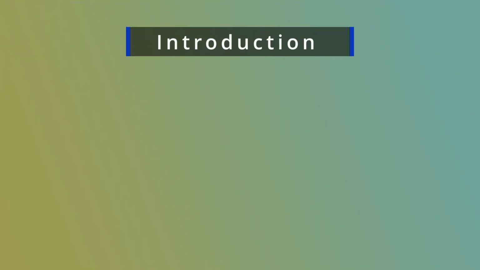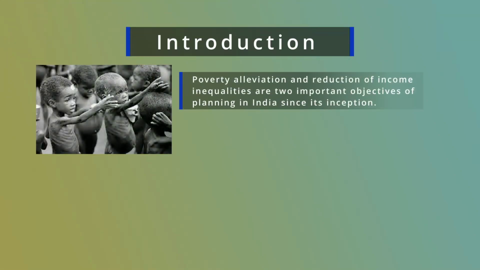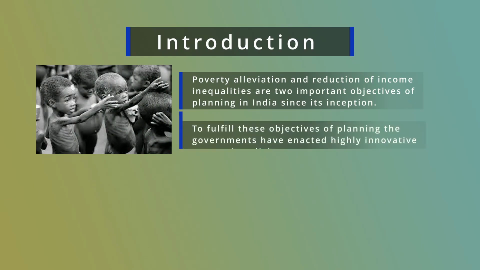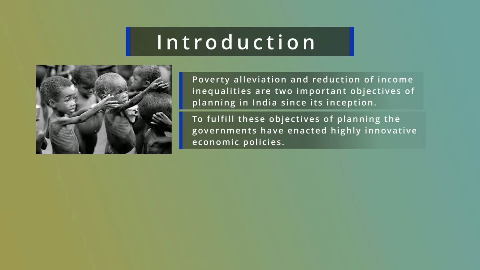Poverty alleviation and the reduction of inequality have been two important objectives of economic planning in our country since its inception. Without reduction of poverty and inequality, a country is not able to develop.